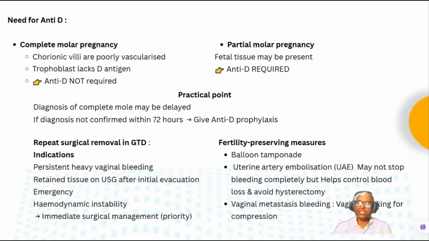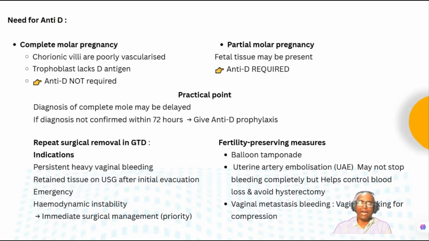If it is a partial molar pregnancy, then definitely it is required. If it is a complete molar pregnancy, which is proved by histopathology, then it is not required. But most of the time the histopathology report is not available within 72 hours, that is why we need to give the anti-D practically.